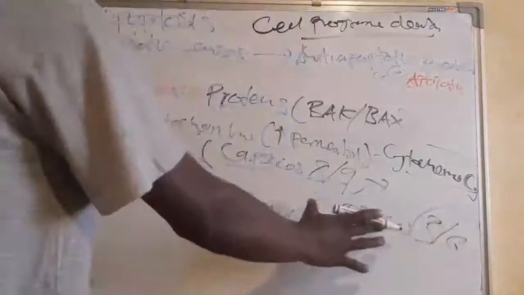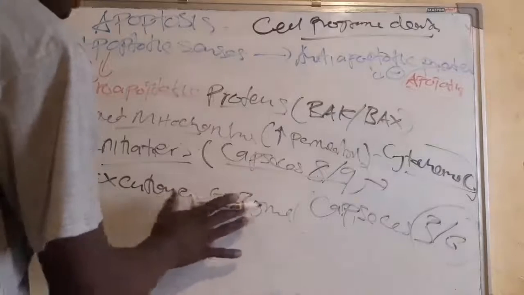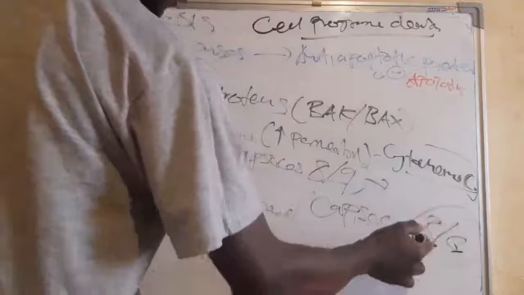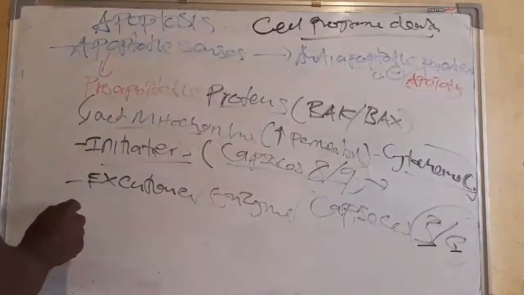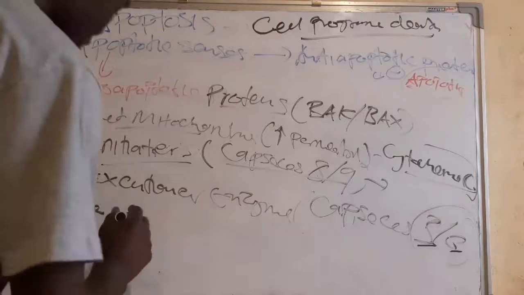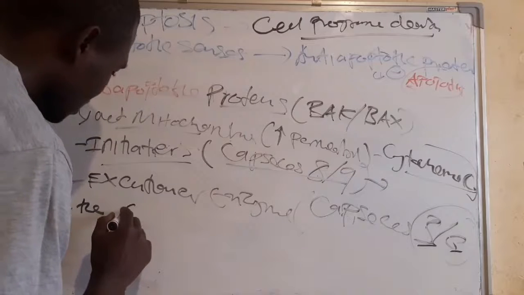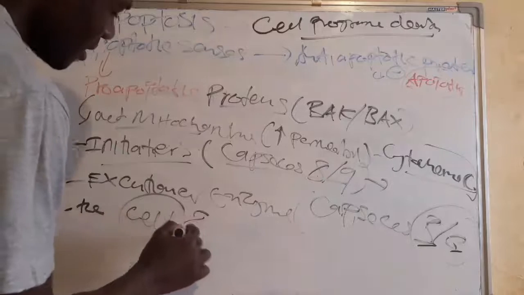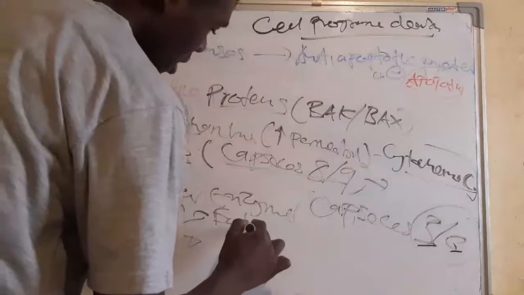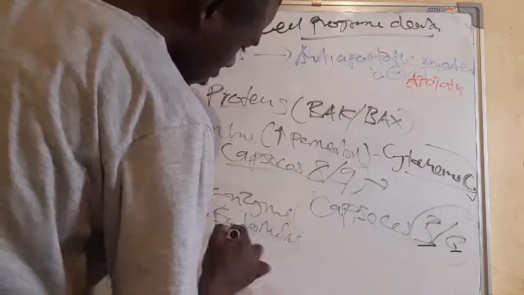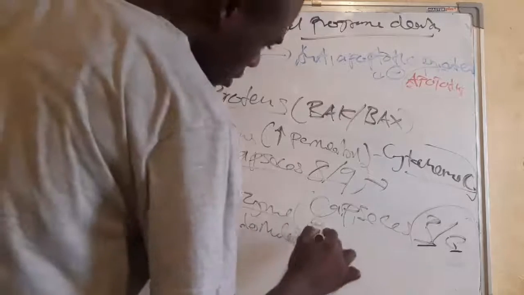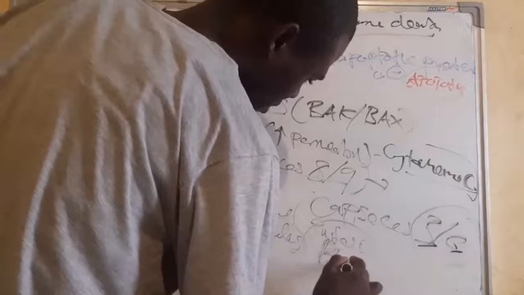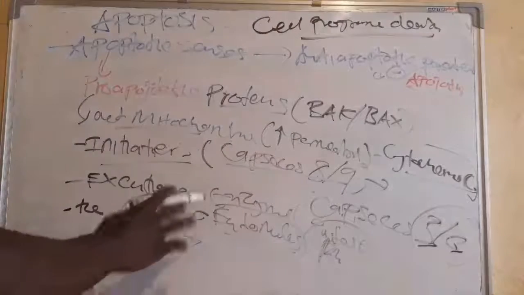These executioner enzymes now activate the enzymes of the cells, such as endonucleases, proteases, and phospholipases. When these enzymes are activated, what do they cause?